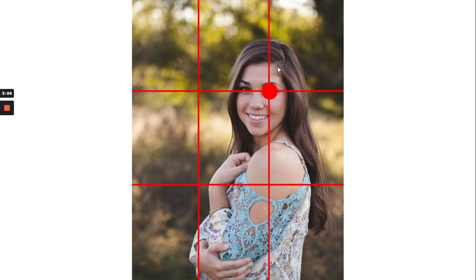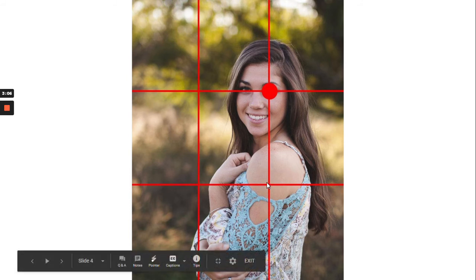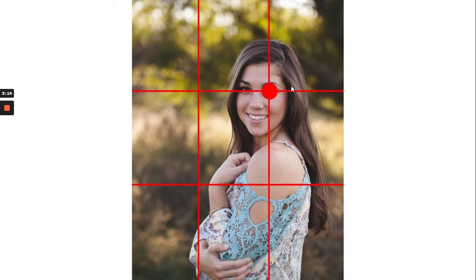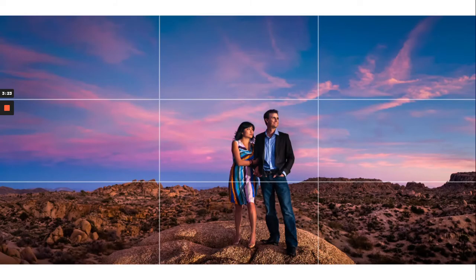Another way is, in this portrait, the subject matter is along that line here, but her eye is lined up where these two lines intersect. Again, it's balanced, it's pleasing to the eye for us to look at. If you have a far away picture, again the focus, where the faces are, is in that middle square.